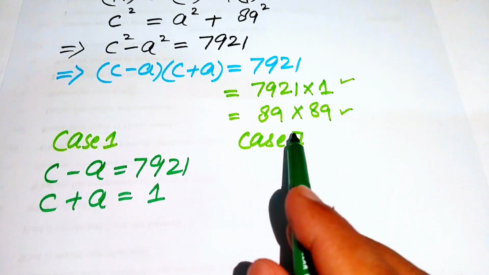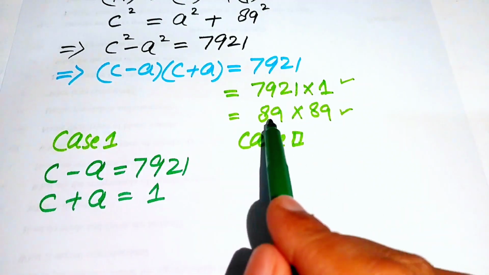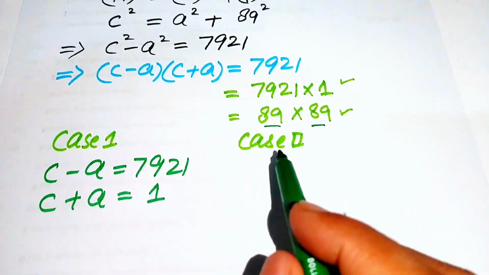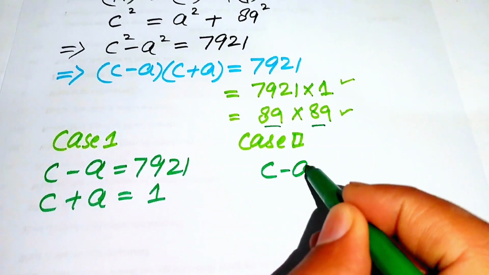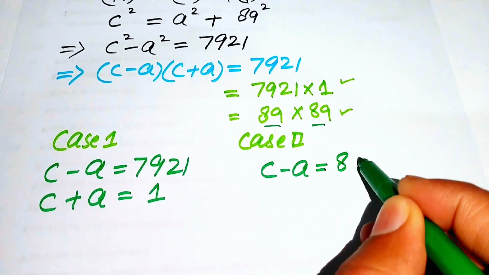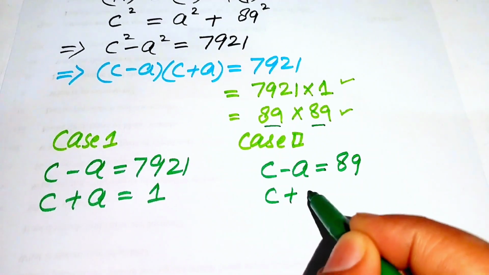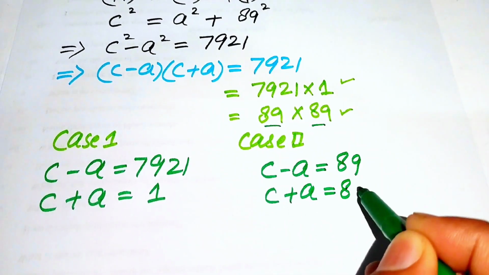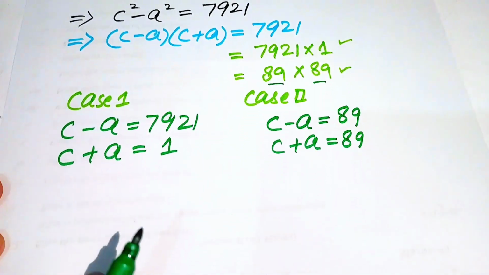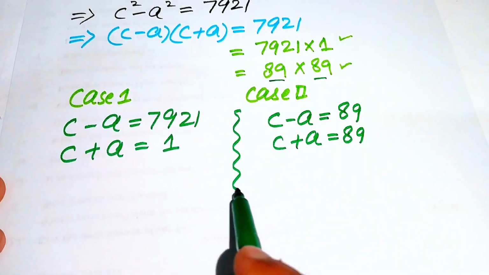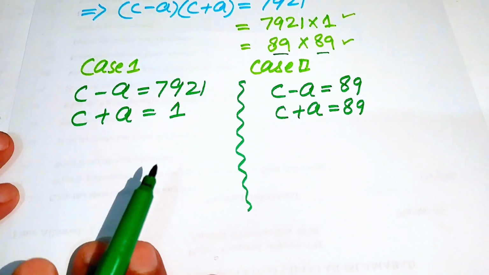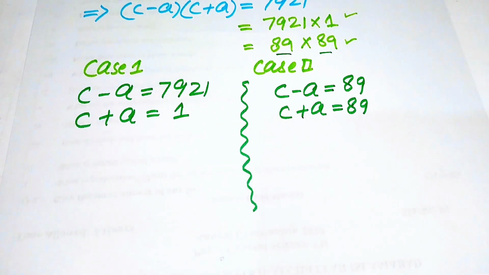And similarly, in the second case, we compare the left hand side with these two values, and we write c minus a equals 89 and c plus a equals also 89. So now we simplify these two cases, and we find the values of a and c.